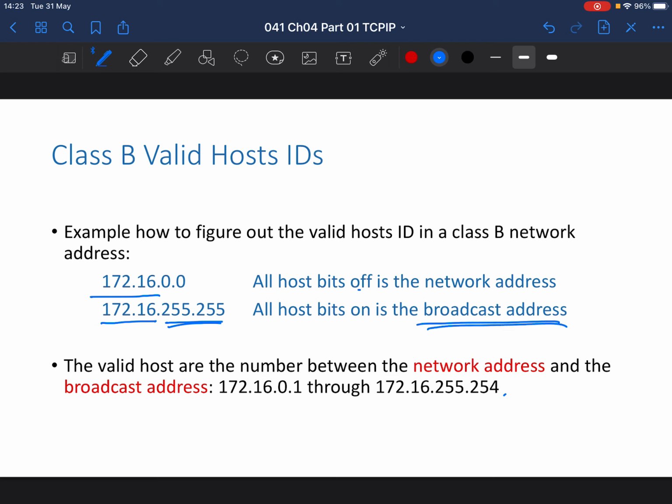So Class B valid host IDs are between these two numbers. The valid hosts are the numbers between the network address and the broadcast address. So the numbers are between 172.16.0.1 through 172.16.255.254.